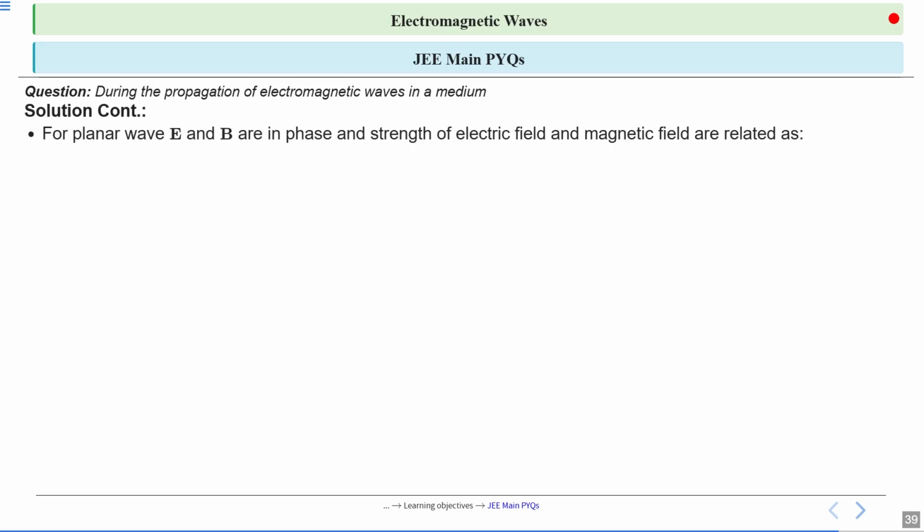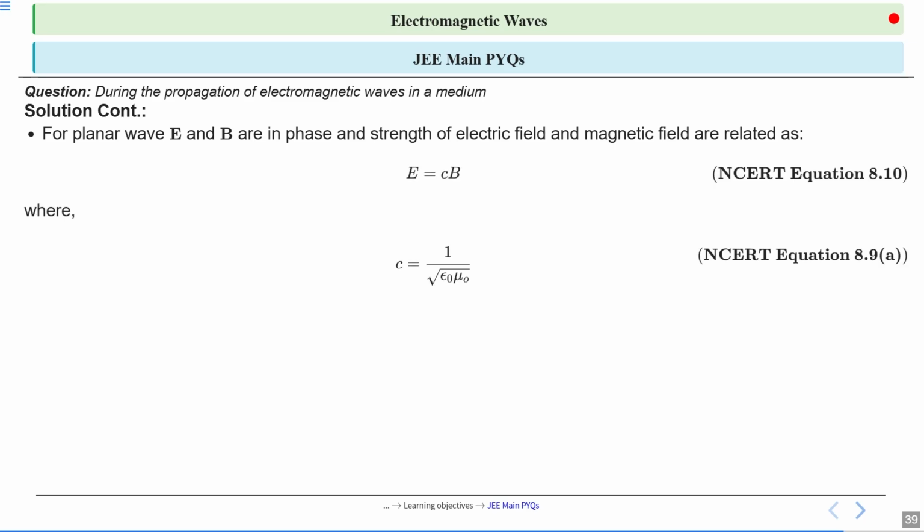So for a planar wave, E and B are in phase and the strengths of the electric field and magnetic field are related as E is equal to CB, according to NCERT equation 8.10. Where C is equal to 1 upon root epsilon naught mu naught, according to NCERT equation 8.9a. Now put the value of C in the above equation.